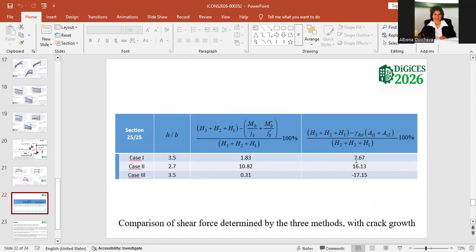Comparison with Eurocode says that our shear force is bigger again when we have high strength concrete. And our shear force is smaller when we have case 3, that means more reinforcement bar.